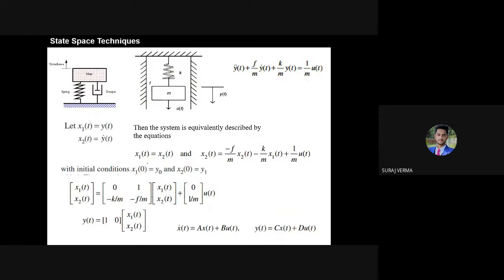So how the state space technique is going to be written in the form of an equation, just to see. And this portion is covered in your modern control system also. So this is the equation already you have written in the previous slide.